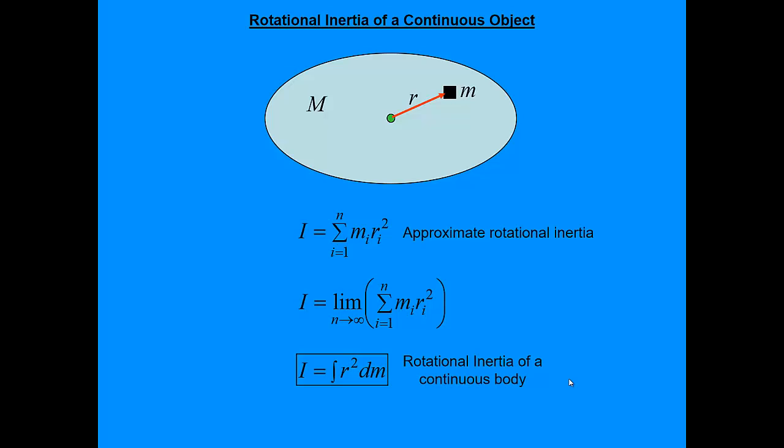We know how to do some integrals, so that's going to allow us to find the rotational inertias of continuous objects. In fact, there's a handful of these, seven or eight or so, that you need to know. You need to know the rotational inertias, and you need to be able to prove or derive them from basic principles. If that takes calculus, you're going to need to be able to use calculus.